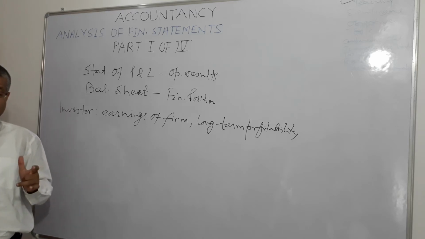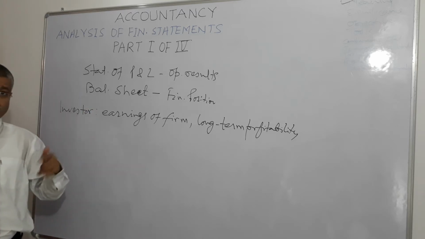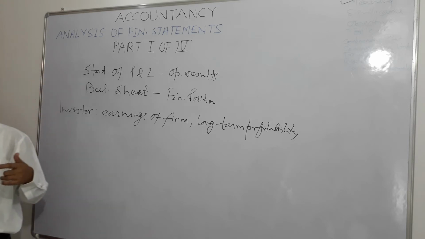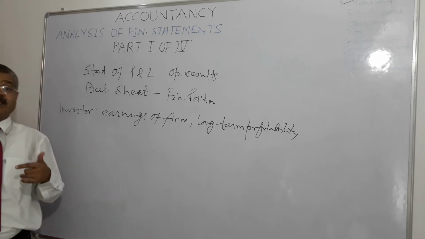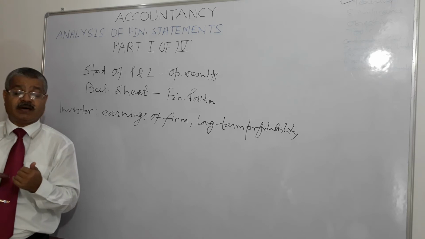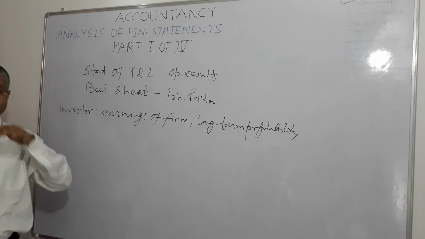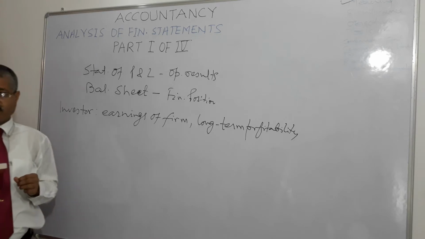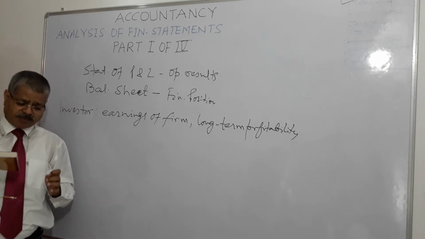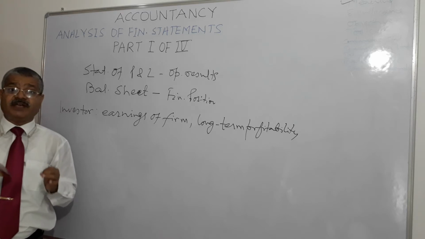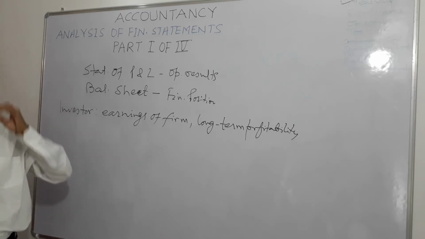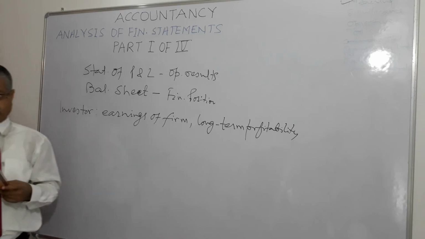Credit ratings. Every company keeps on getting rated through one or two credit rating agencies. So what is the credit rating of the company? Whether it has gone down, improved, or remained constant, right? And it helps the finance manager in seeing the deviations so that some corrective measures can be taken, right?